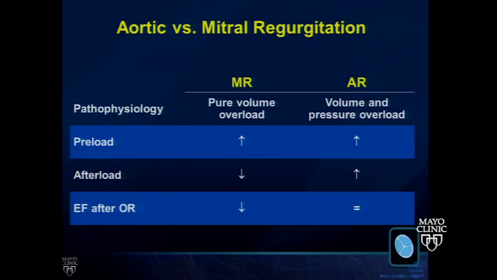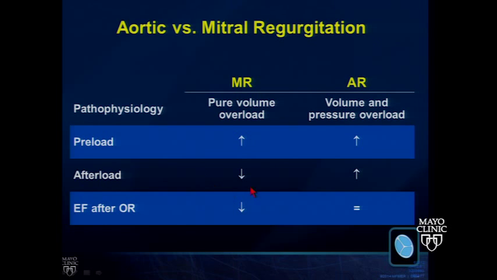But if you think about it, now you have a huge volume of blood that the ventricle is trying to get through that normal size aortic valve. So your afterload is increased. So the difference between mitral regurgitation and aortic regurgitation is in the afterload: it's increased in aortic regurgitation and decreased in mitral regurgitation.